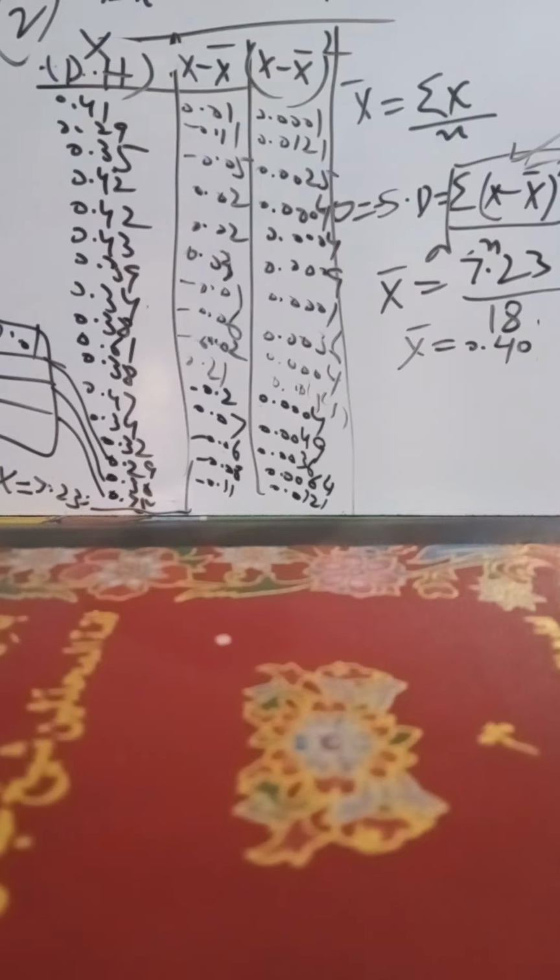Then 0.75 minus 0.4, 0.35, its answer was 0.1225. Like the last three observations, I was not having space, that's why I'm writing the answer directly over there.